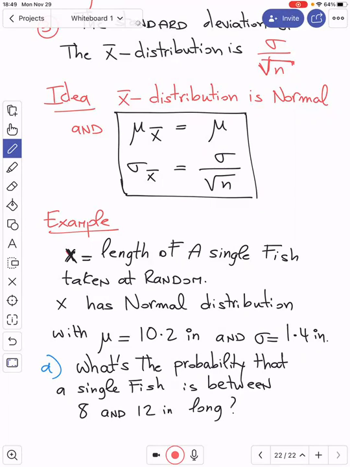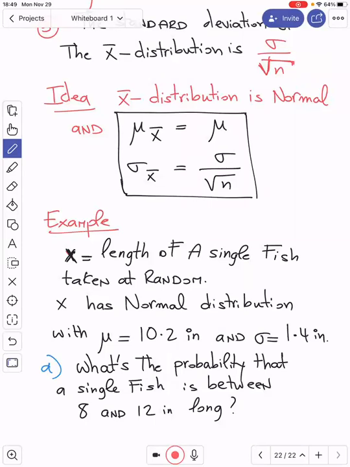Again, X represents the length of a single fish taken at random, right? You know the mean, you know the sigma, and then you want to find, for example, the probability that a single fish taken at random is between 8 and 12 inches long. Okay.